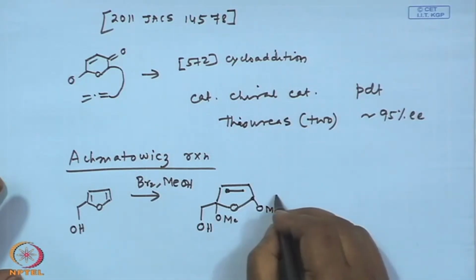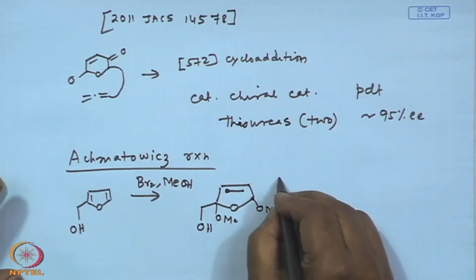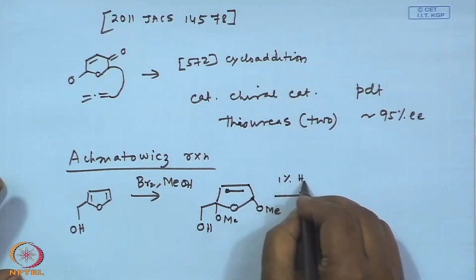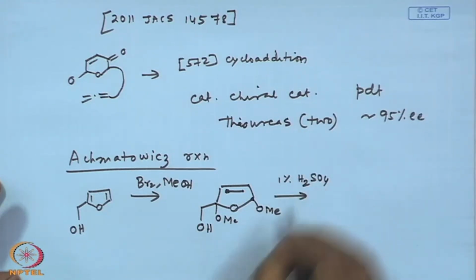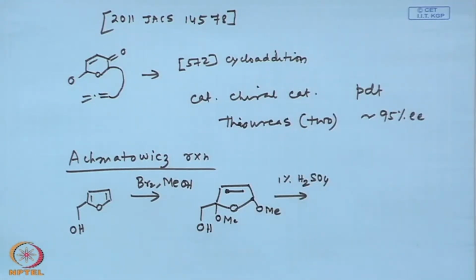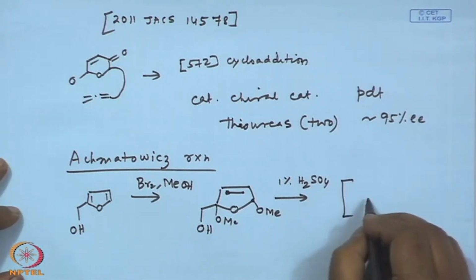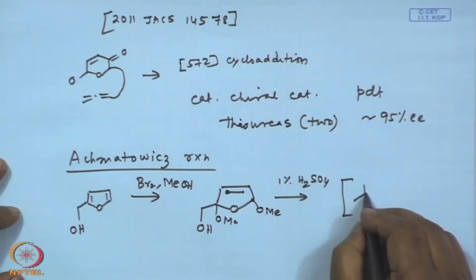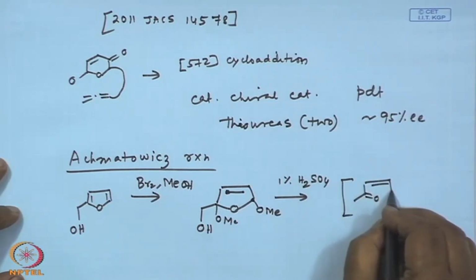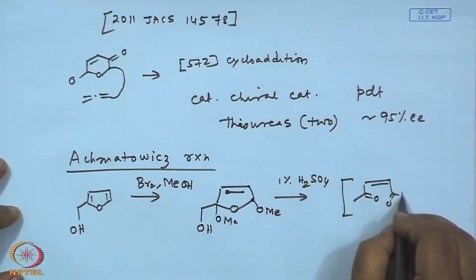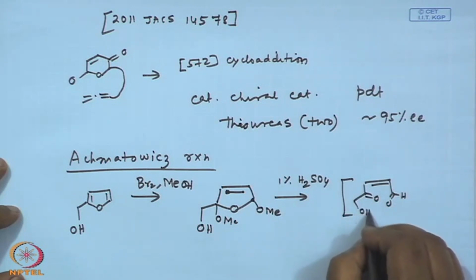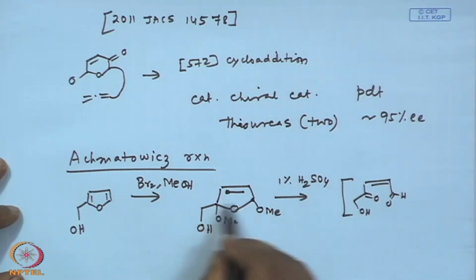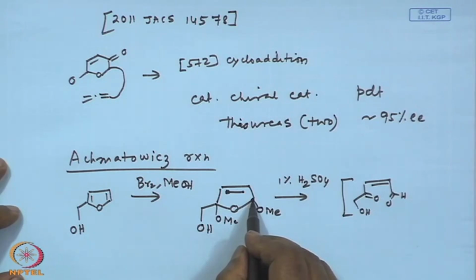Okay. But if you treat with 1% sulfuric acid, that means very dilute sulfuric acid, what you will see, this is actually what happens, this is equivalent to a 1,4 dicarbonyl compound, right. So these central carbons are equivalent to basically acetals and ketals.